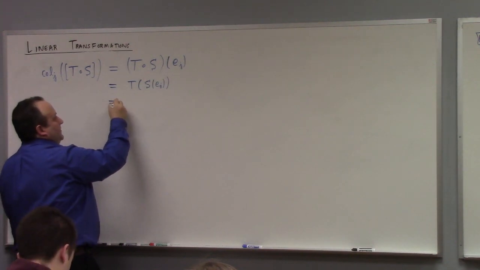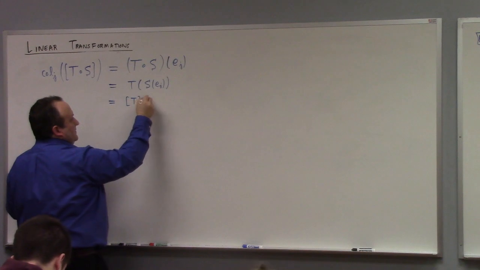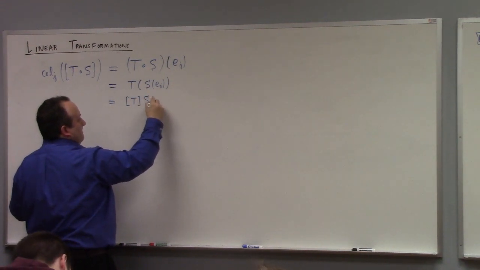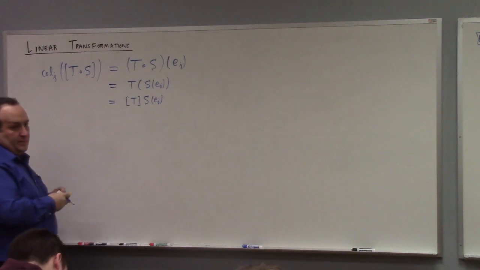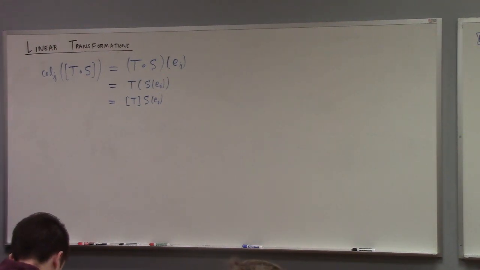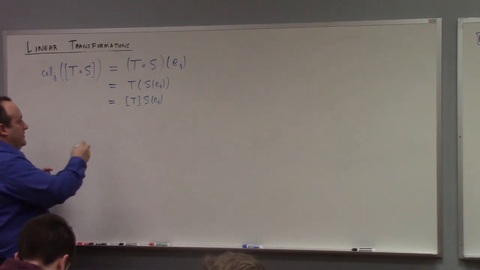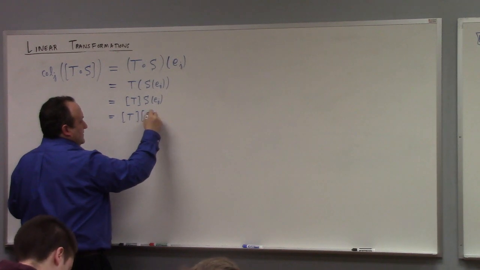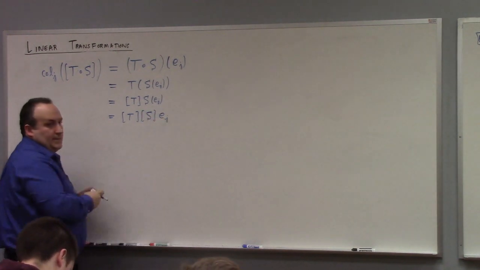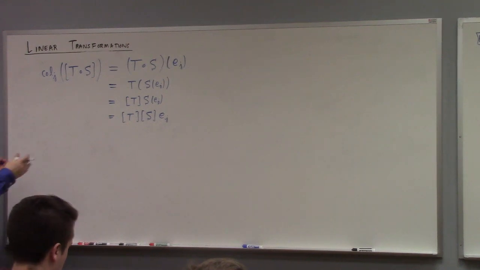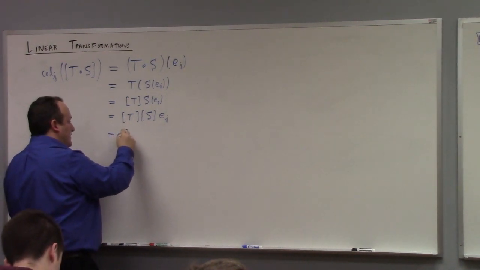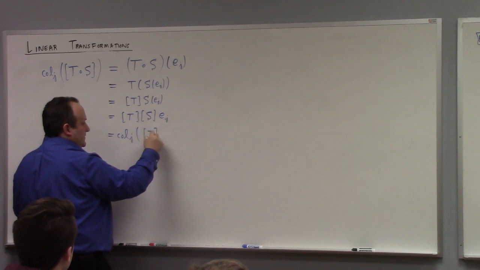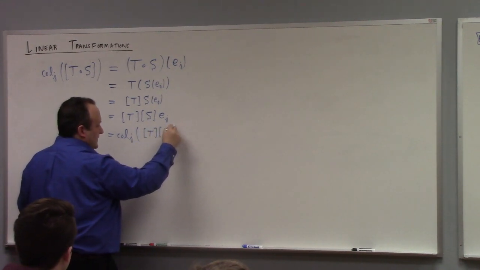Well, remember we have the theorem that says that's the standard matrix of T times this vector. But applying that same theorem again, the linear transformation S can be written as matrix multiplication, the standard matrix of S times ej. So this is the standard matrix of T times the standard matrix of S times ej. And what is this? Well, this is nothing more than the jth column of the product of the matrices, the standard matrix of T times the standard matrix of S.